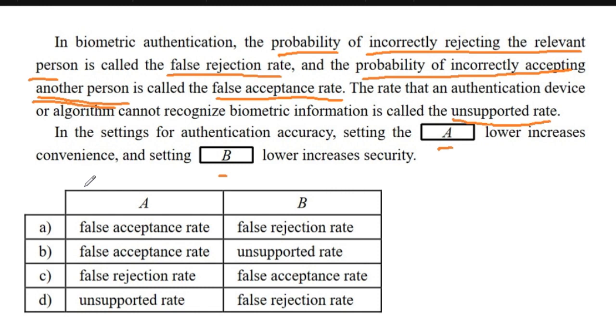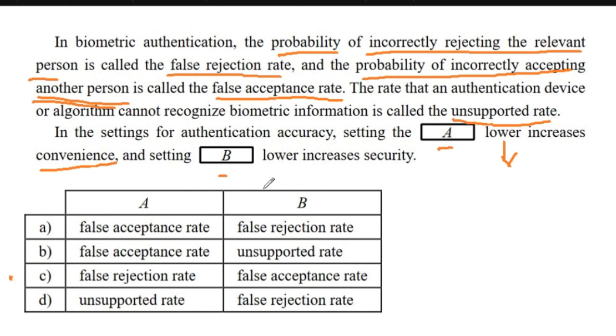So if there are a lot of those cases, then that's not convenient. So we lower it, and that makes it a lot more convenient for people, because we're recognizing the correct persons. So that's letter C.